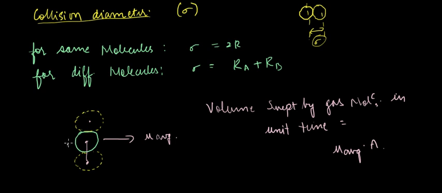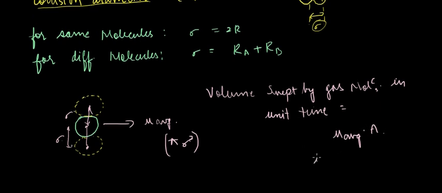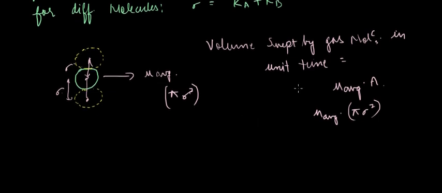This is nothing but sigma, the collision diameter, so the cross sectional area would be pi sigma square, as sigma becomes the radii. So U average into pi sigma square would be the volume swept by gas molecule in unit time.